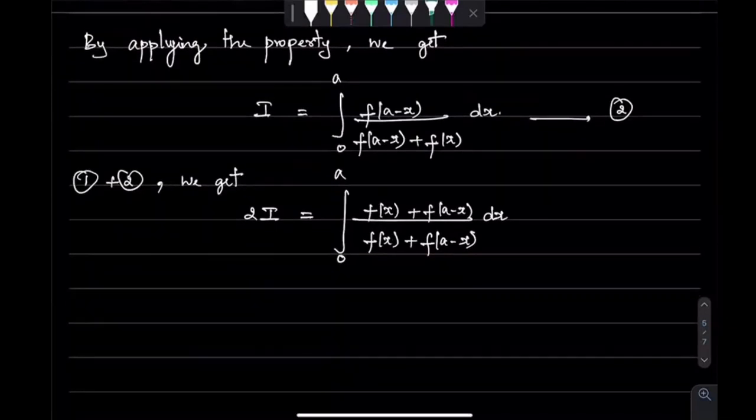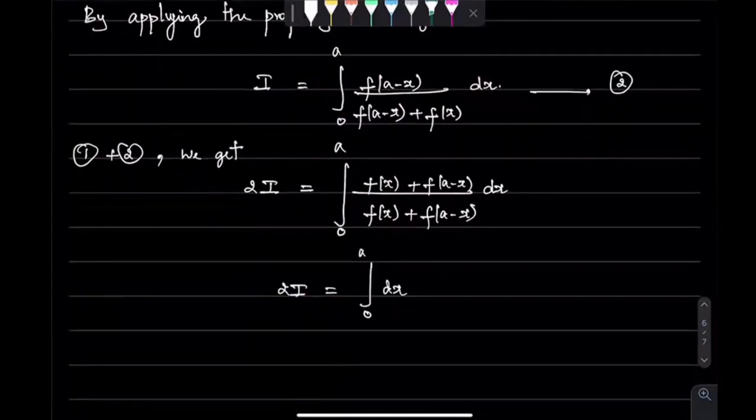So what is your 2I? 2I is integral 0 to a, you get only dx, which is equal to x, a. So your I is equal to, what's the answer? a by 2. This we did already.